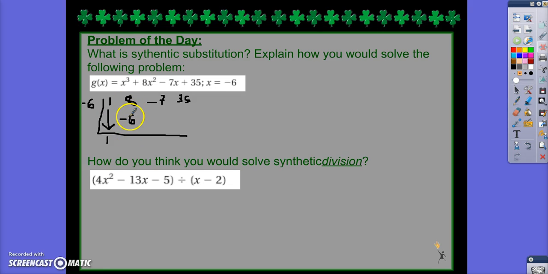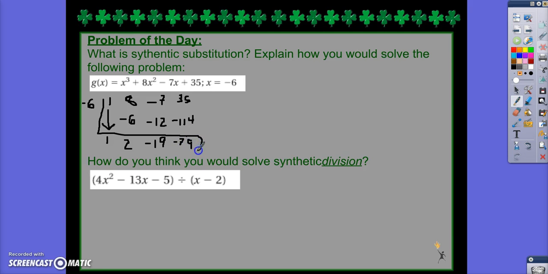When it's inside the box, we add or subtract. 8 minus 6 is 2. -6 times 2 is -12. -7 minus 12 is -19. -19 times -6 is -114. And -114 plus 35 is -79.